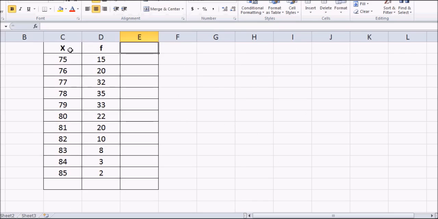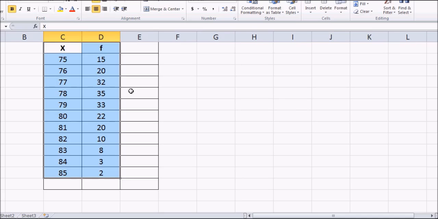Alright, so here we have a question which has got some variable x and their frequencies. So let's find two quartile values, any two decile values, and two percentile values.